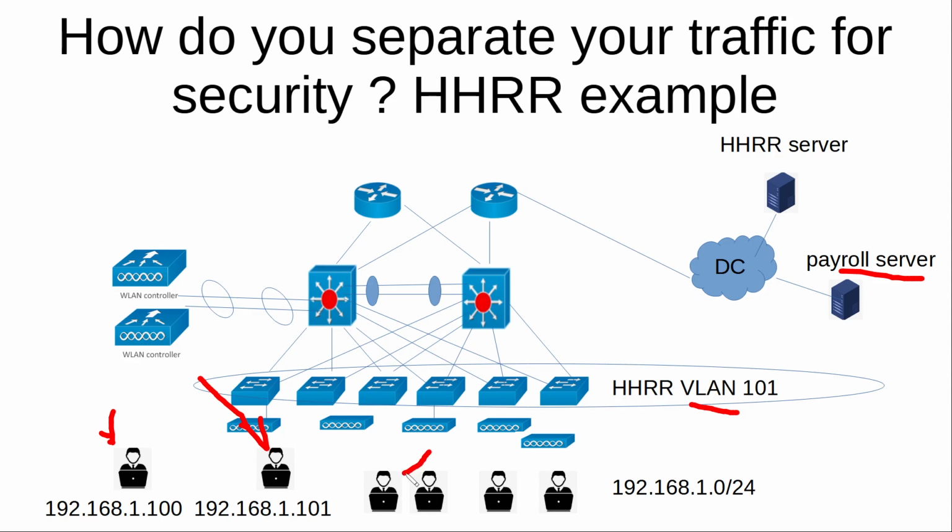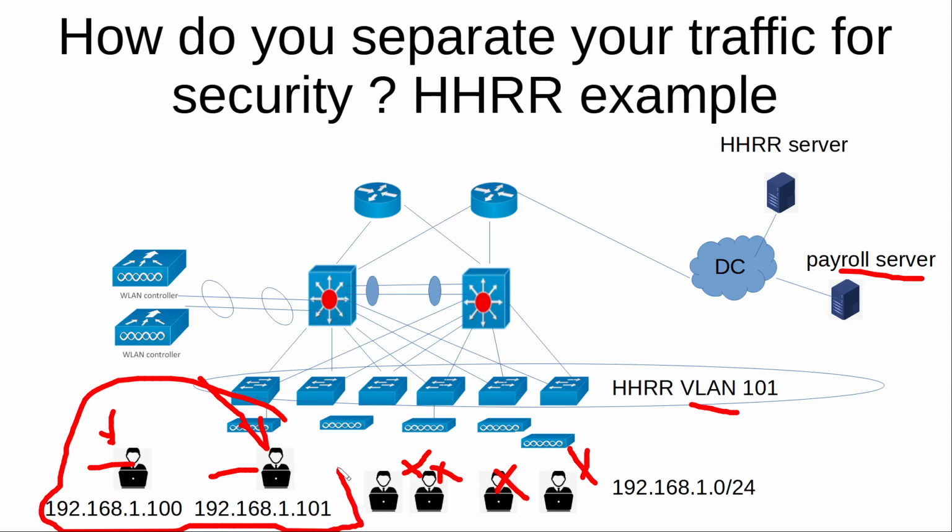These users should not gain access to this server, only these two users. So one way of doing it will be creating some sort of a group of users by assigning these users static IP addresses, and then modify the access control list here in order to provide these particular static IP addresses access to this payroll server.